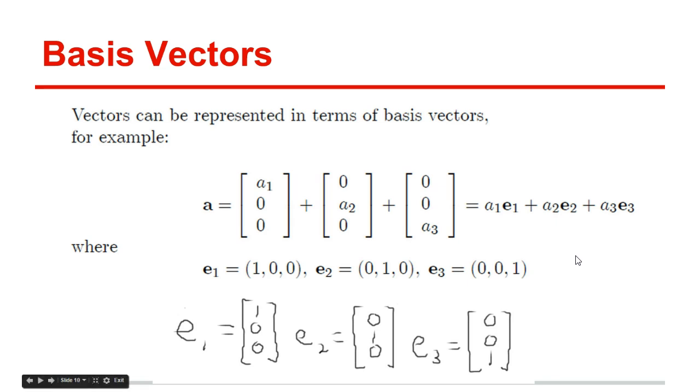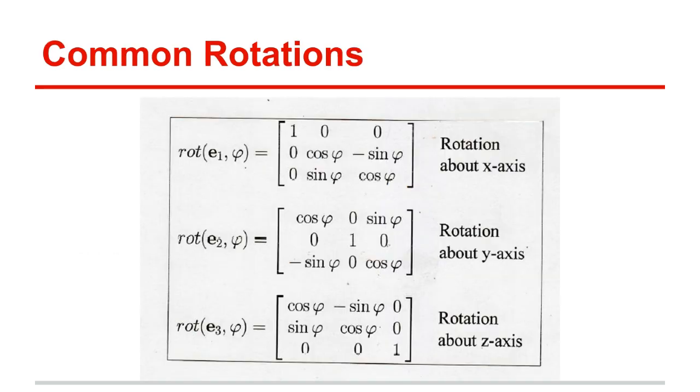This is important to know for when you want to use the rotation matrices for rotating about the x, y, or z. So this is what these matrices are: essentially, without having to go all the way through the Rodrigues formula, you can use these matrices to just have the rotation matrix.